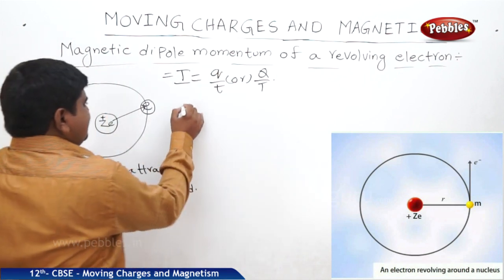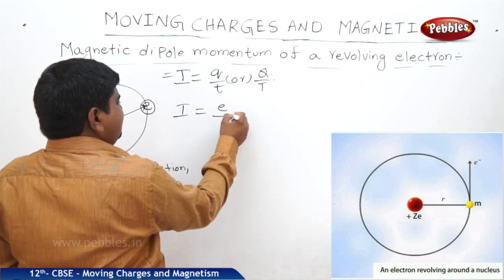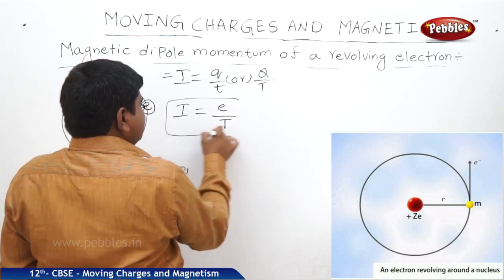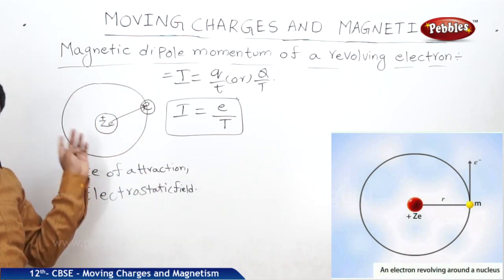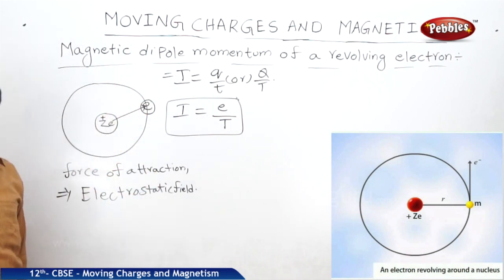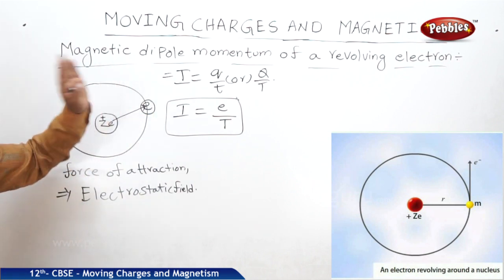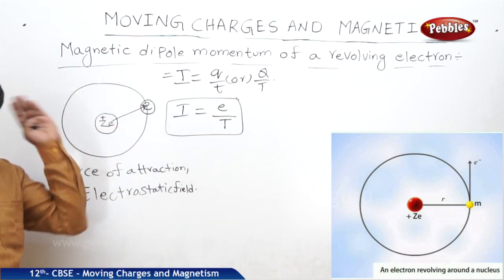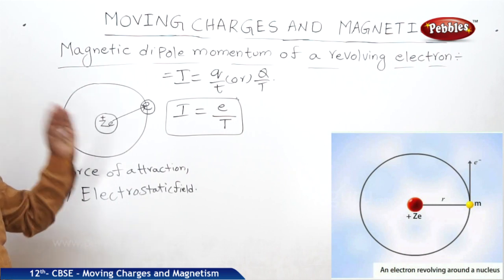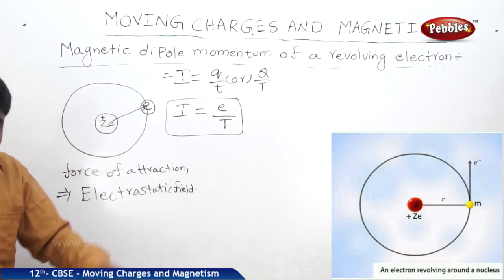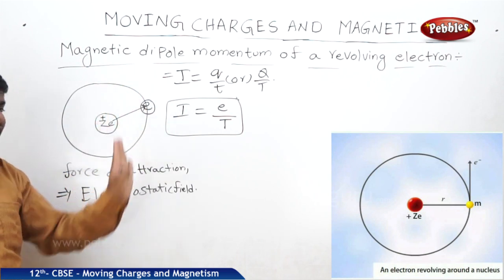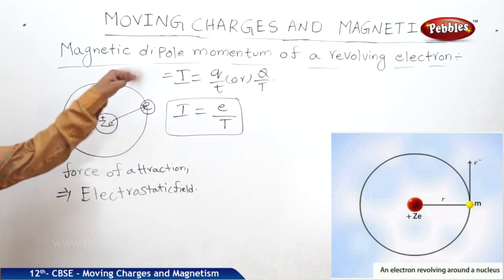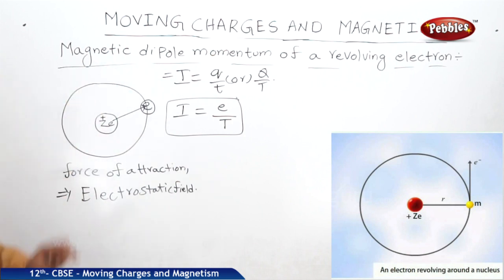Let us take I is equal to e by T. Actually, what we are going to discuss in this concept: when an electron is revolving around the nucleus with respect to a positive charge, it possesses some quantities: angular momentum, magnetic momentum, Bohr magneton, gyromagnetic ratio. All these things are associated with the electron when it is revolving around the nucleus, and we are going to find them out under the concept of magnetic dipole momentum of a revolving electron.